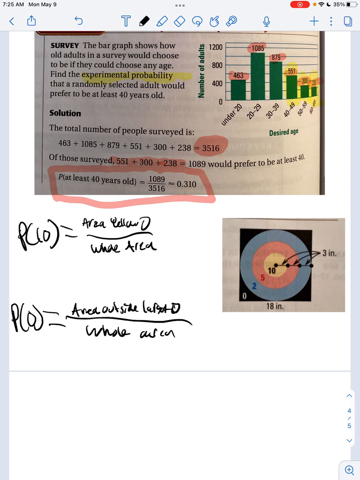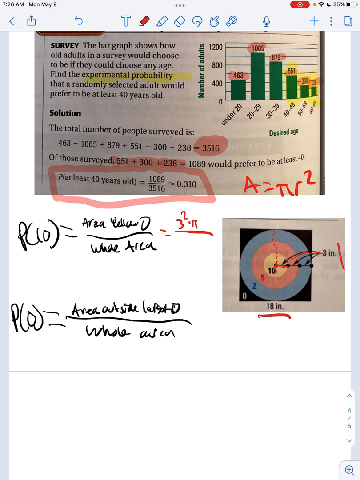So if I look at the yellow circle, I know that the area of a circle is length times width times height. Mr. Larson: The area of a circle is pi r squared. So I need to find the radius. In this case, the radius is 3. So I'm going to do 3 squared times pi, and then my whole area is a square, so the radius also goes this way.